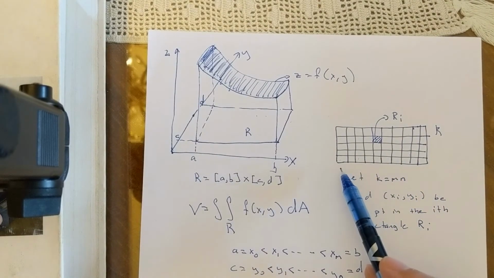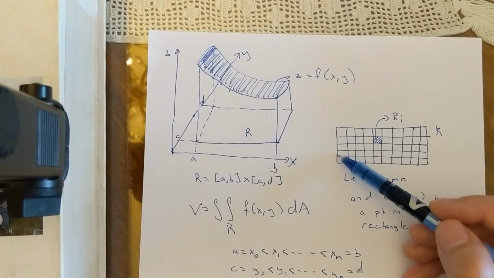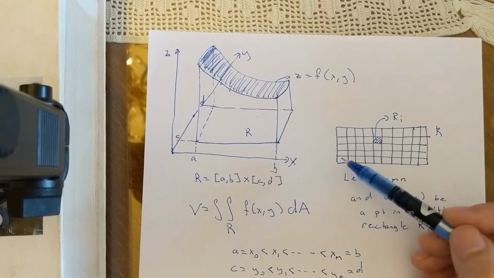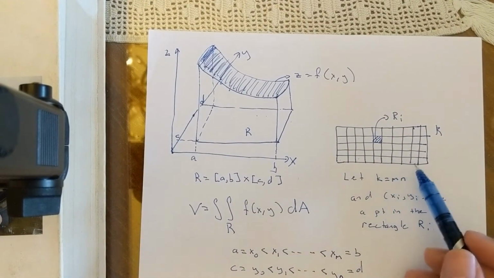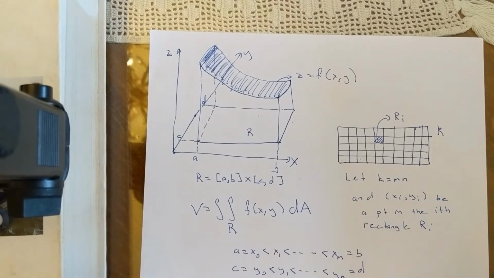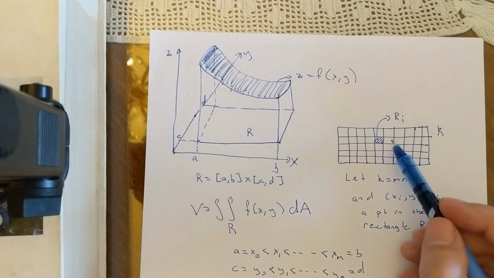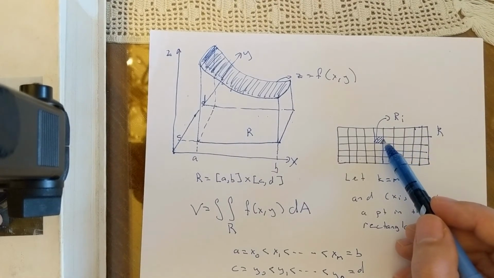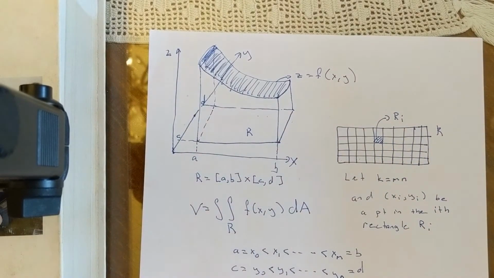I'm going to look in the x direction and break it into m pieces, and look at the y direction and break it into n pieces. So how many rectangles are there? There are m times n, and I'll let that number be equal to k. I don't want to keep writing it over, and I'm going to concentrate on the ith rectangle, this little piece here that I've shaded.